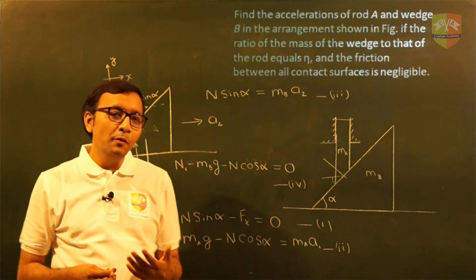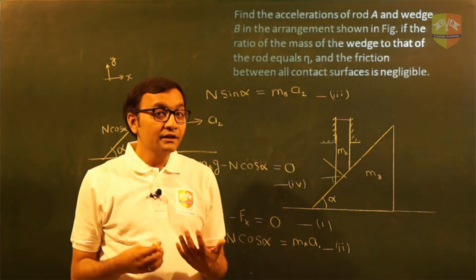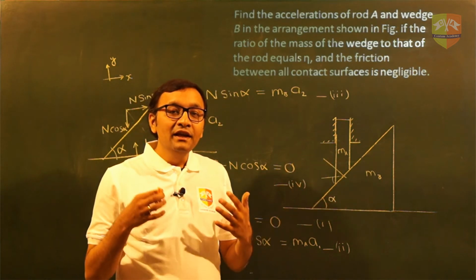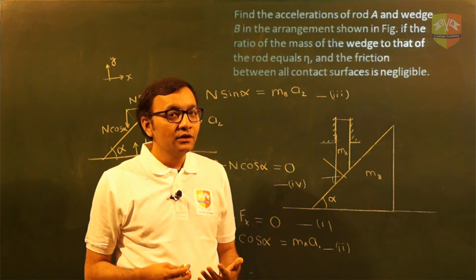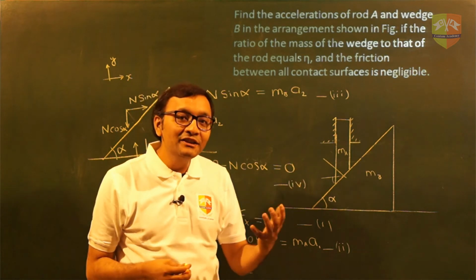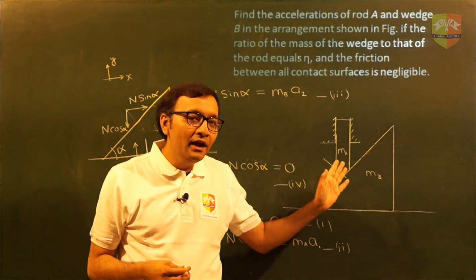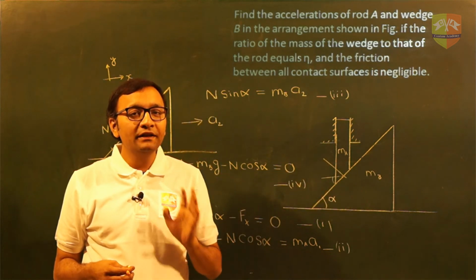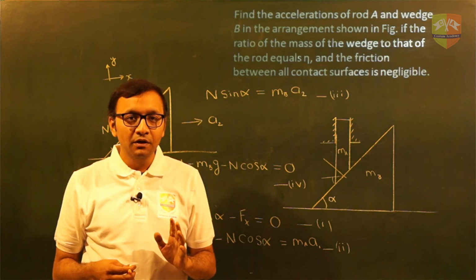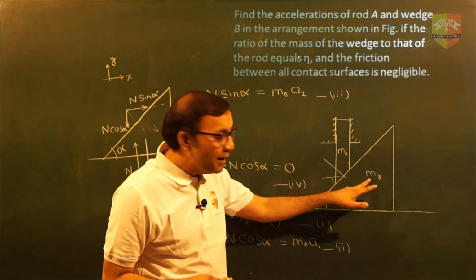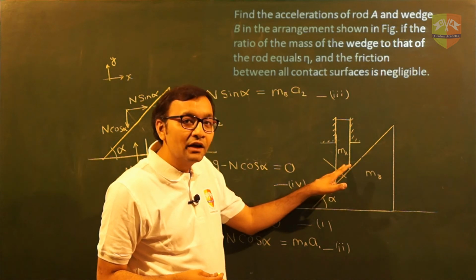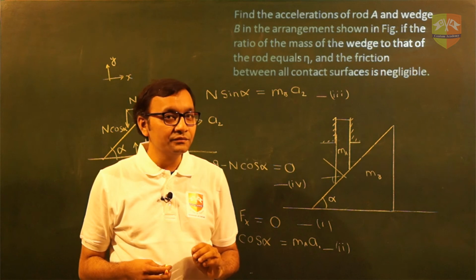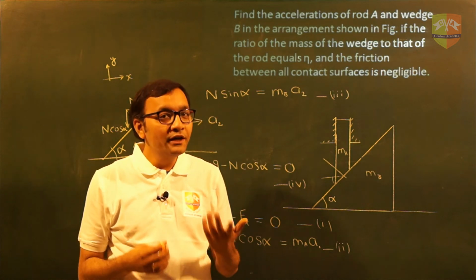At the start of the problem we discussed that both motions are constrained as well as related to each other. So we need to find out what is the relation between the motion of MA and the motion of MB. That will be our 5th equation, and that is a constraint relation, because when this MB is moving, MA will come down by a fixed amount. So there is a relation. So how do I get that relation?